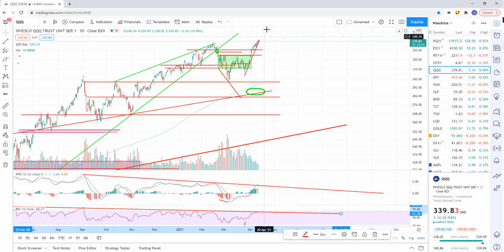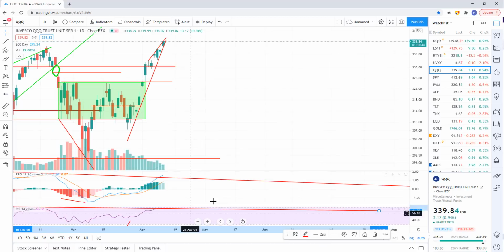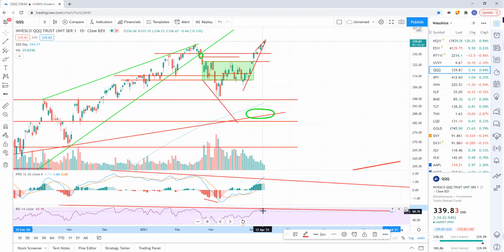If we continue higher in the Qs in price, then the momentum is likely going to continue higher, and we're going to start to burn through these negative divergences. So what you'd look for now at this point is for the momentum to start to turn down, and as you zoom in, you want to see the RSI start to turn down and the PPO start to turn down. All right. Until that happens, we don't have any confirmation on the negative divergence.